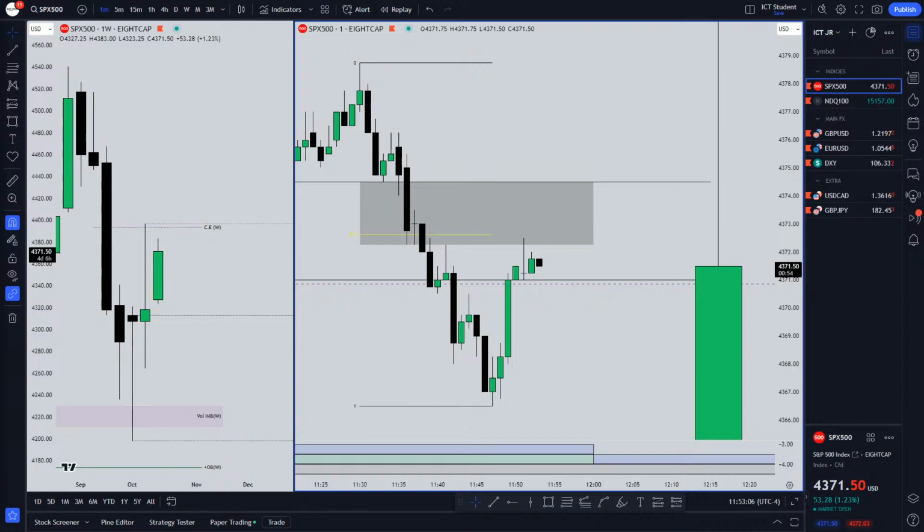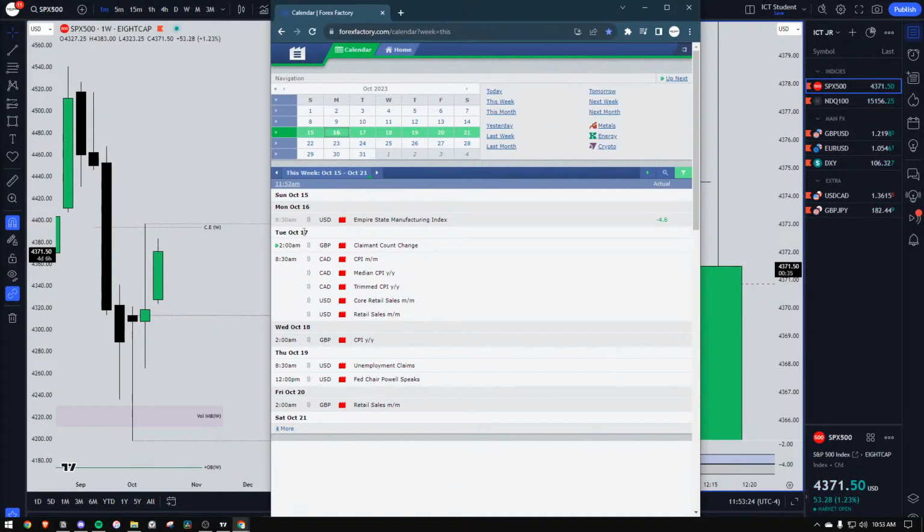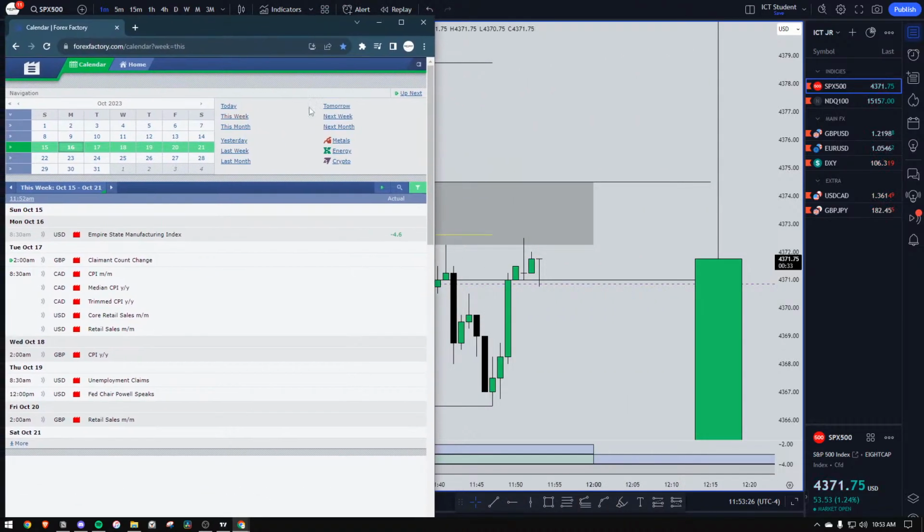Yellow folders. No, I removed the filter. I'm waiting for this. Alright, so this is what I'm watching here. So, I'll put this right here like that.